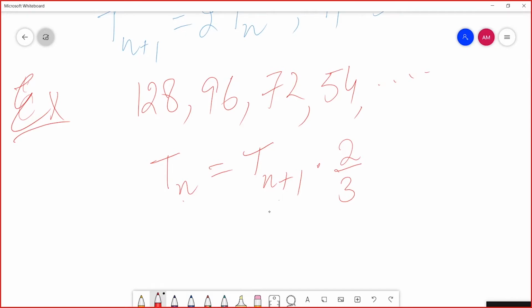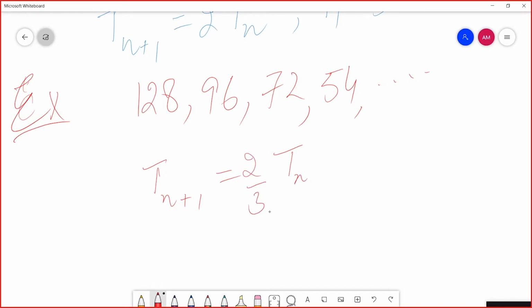Let me rub it and write it again. Can you help me again to write it? Tn plus 1 equals Tn times 2/3. Okay, I just took 2/3 from here, right? So how do you find the ratio if you put 96 divided by 128?